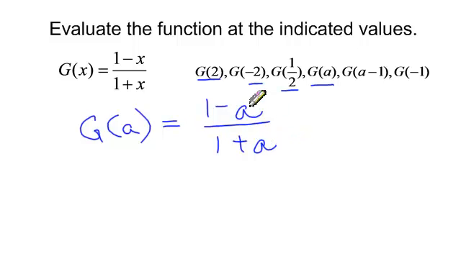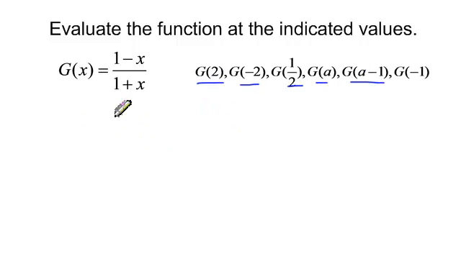I can't cancel because these are not exactly the same binomial. That's a positive 1 and a negative a in the numerator. In the denominator, I have a positive 1 and a positive a. Those are not the same. They're not opposite. You're done. Yes, it was that easy. So I have now found g at a is equal to 1 minus a over 1 plus a.